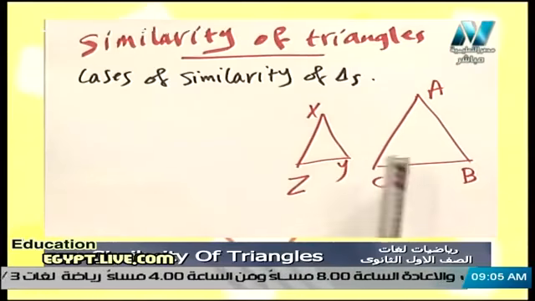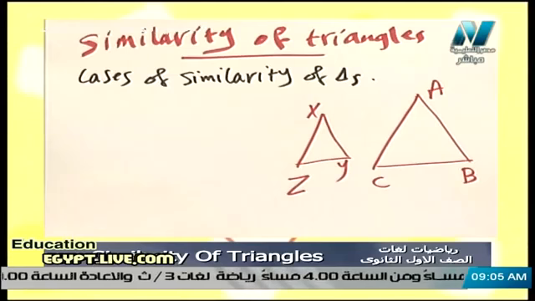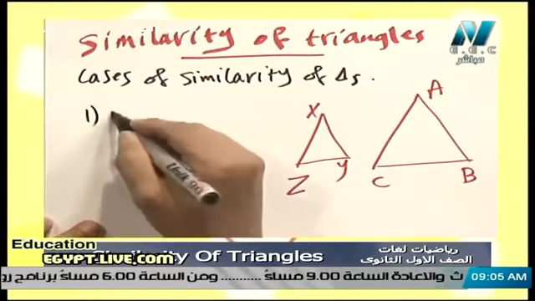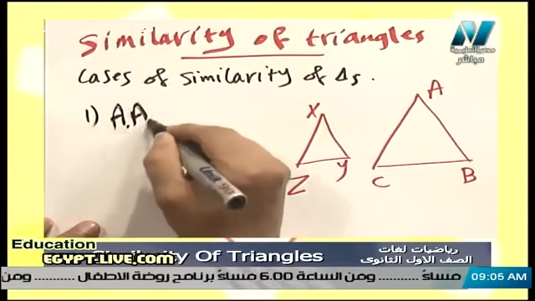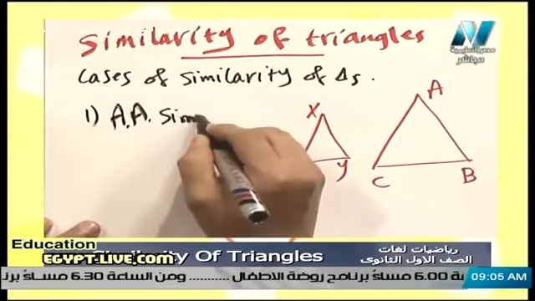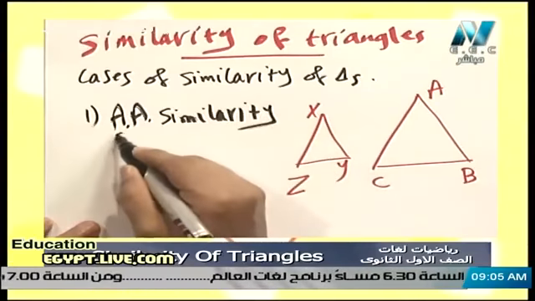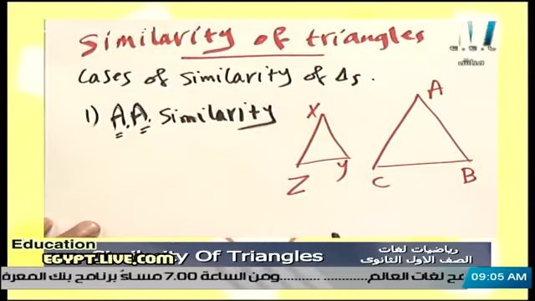When we call these two triangles similar, the case number 1 is AA similarity. What is the meaning of AA?